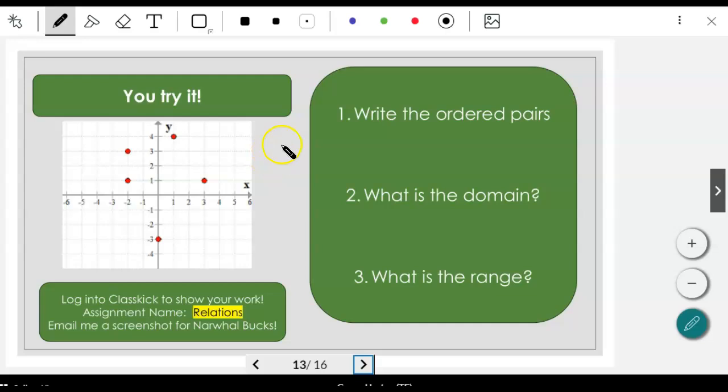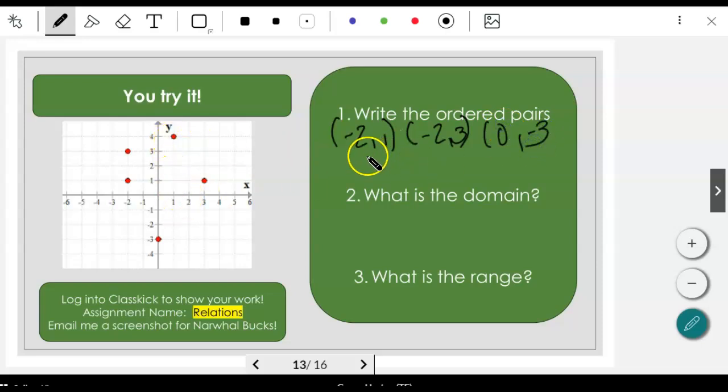All right, so let's try this one. You've got the ordered pairs. This one here is at -2, 1. This one is at -2, 3. This one here is at 0, -3.